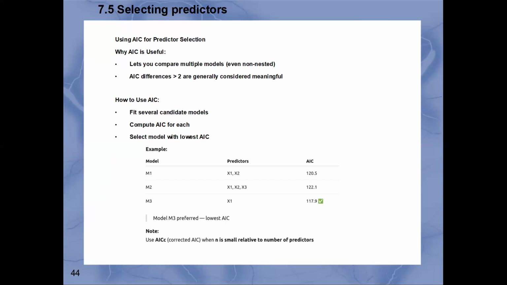But when we compute the AIC, we see that model 3 has the lowest AIC. So that's probably the model that's going to do best. Using X2 and X3, two more predictors, would probably model the historical data better, but it doesn't mean that it's going to be the best model to use.